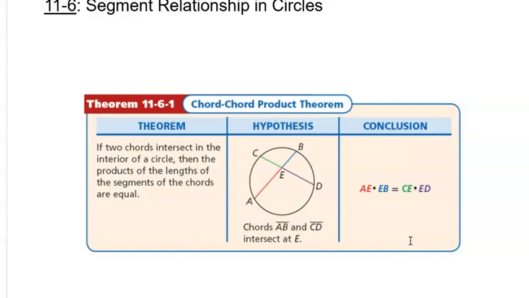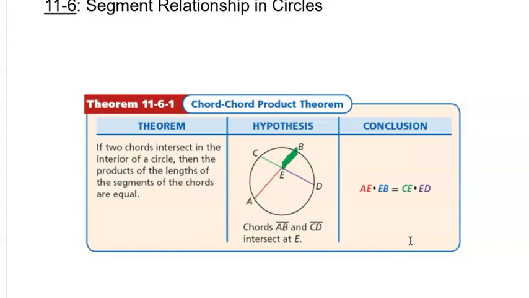If you have a floaty situation, right? This is floaty because the vertex is inside the circle, not at the center, not on the circle. The following is going to be true. CE times DE is going to equal BE times AE.